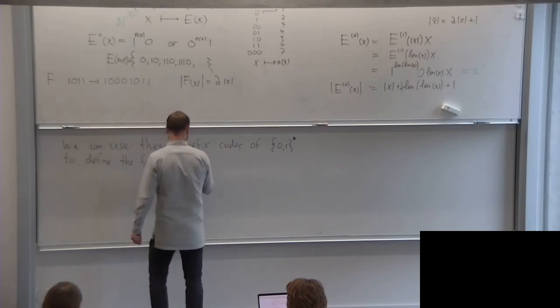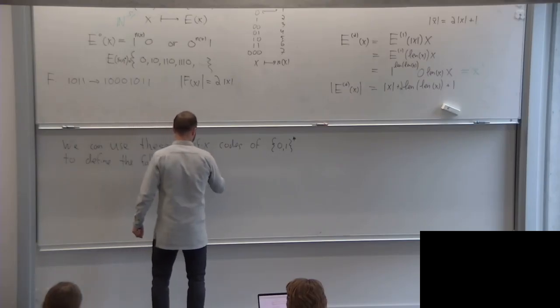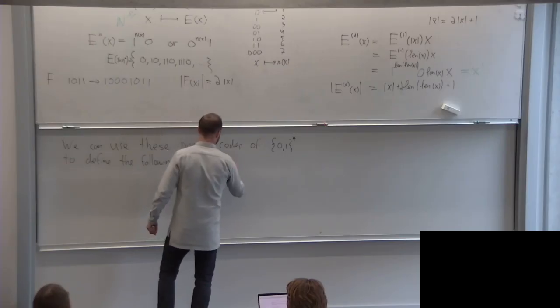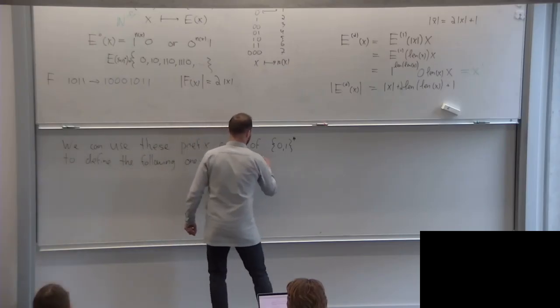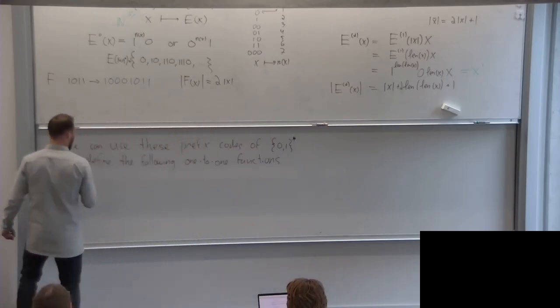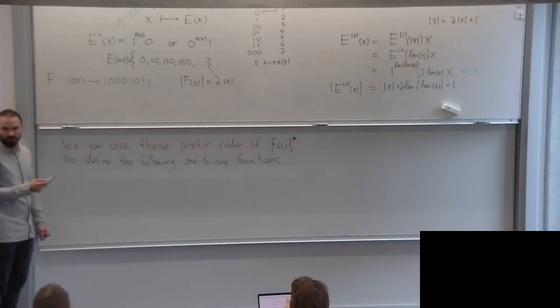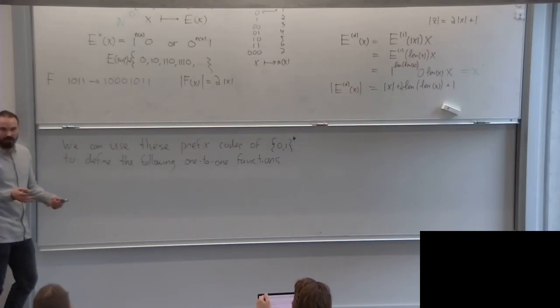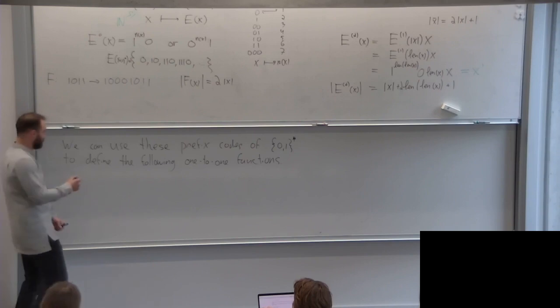In fact, they're going to be one-to-one functions. We're basically going to be playing Hilbert's Hotel here. We have a pair of natural numbers, and I want to encode it one-to-one into natural numbers.